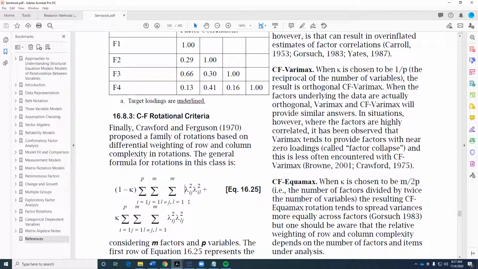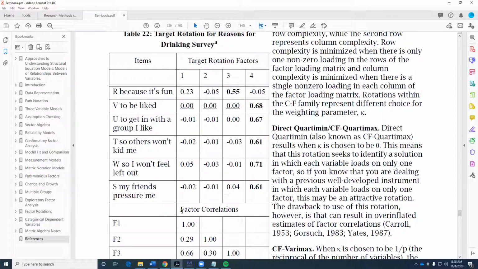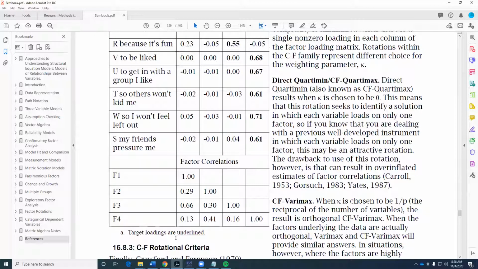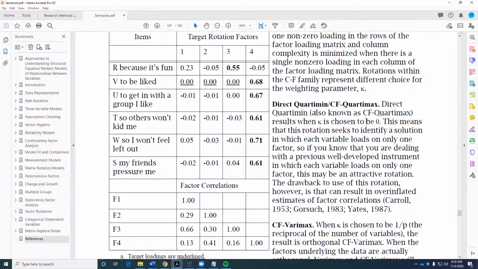And the reason I'm talking about this model for you is it incorporates as special cases many of the individual rotation criteria that we talked about. So if, for example, I set kappa to be 0, this Crawford and Ferguson rotation gives me direct Quartimin as a rotation.